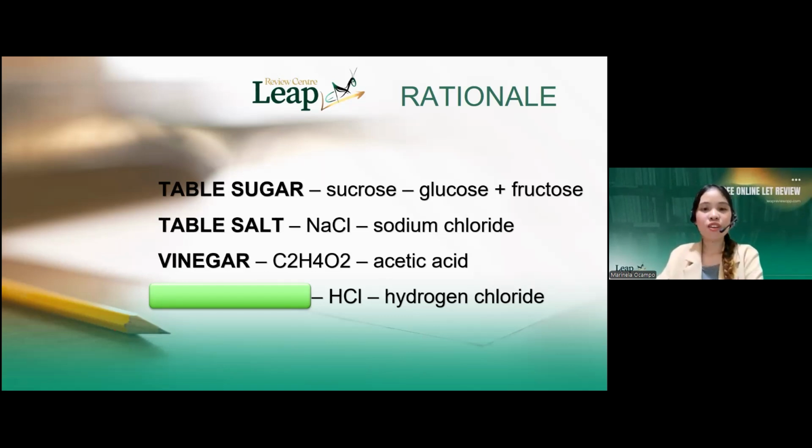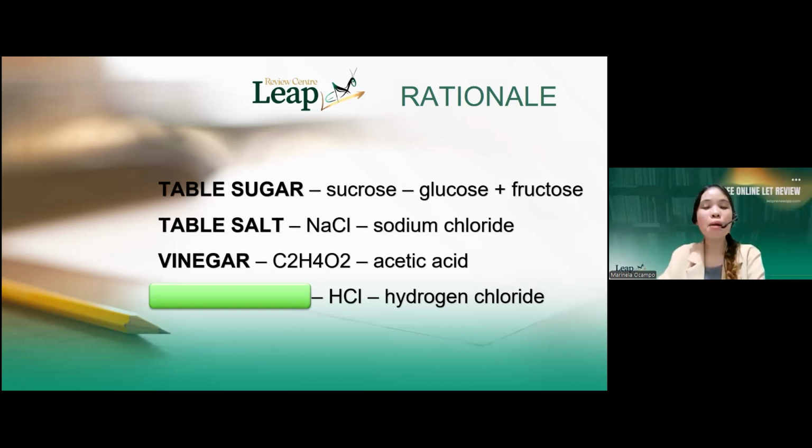Next, for hydrogen chloride, what is the common name for this acid? It's once again an example of an acid. Any guesses? We usually use this as a cleaning agent for our bathrooms or for our kitchen. Very good, Ma'am Jessica.